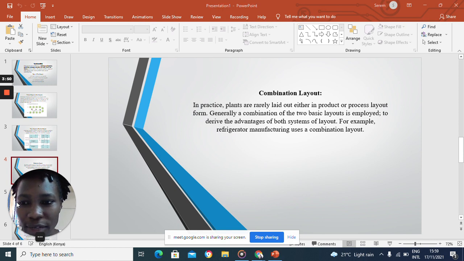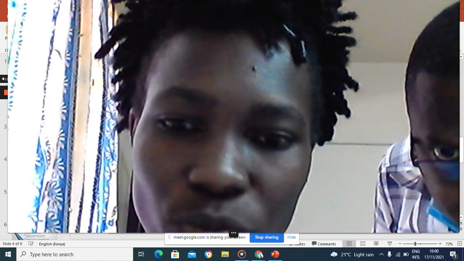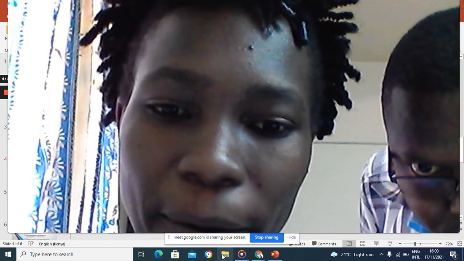And then the next layout is what we call the fixed layout. The fixed layout is where we have processes fixed in one position. Yes, and then it doesn't move. So the machines that will be processing one product at the same time are going to be fixed in one position.